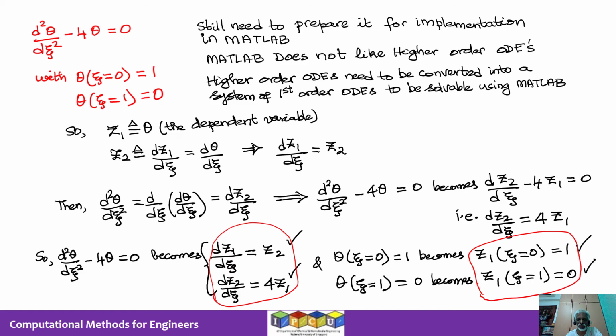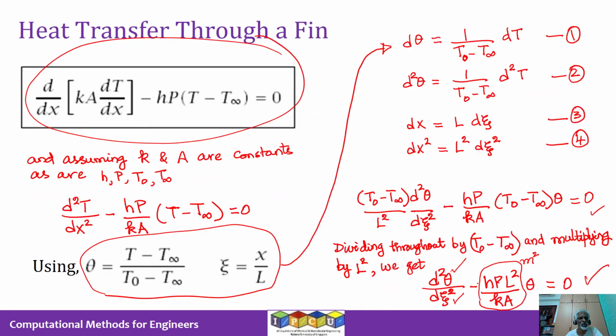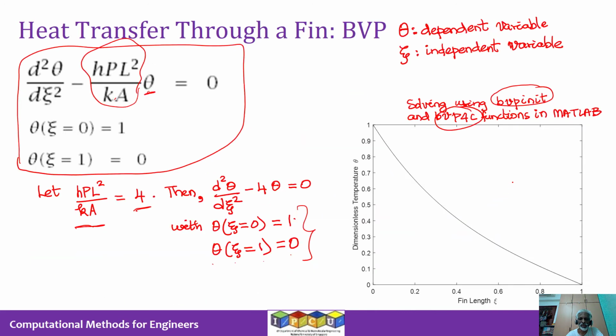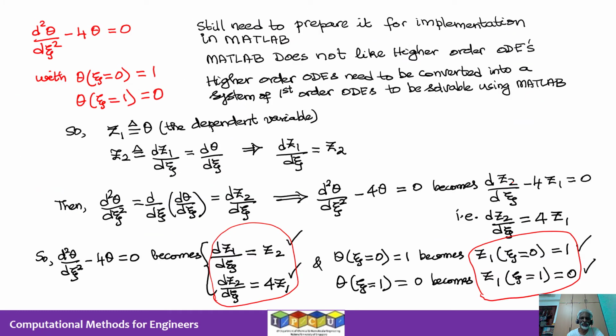All that we did so far was to take the original problem, introduce new symbols, and write it consistently in a simplified form like this, and also to get it ready for MATLAB implementation by converting the second order ordinary differential equation into two first order ordinary differential equations with the associated boundary conditions.